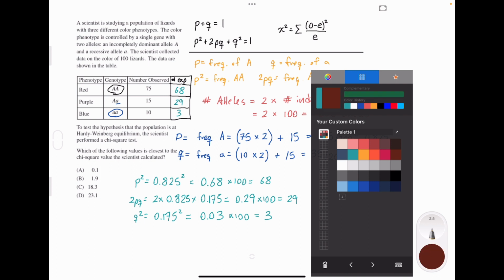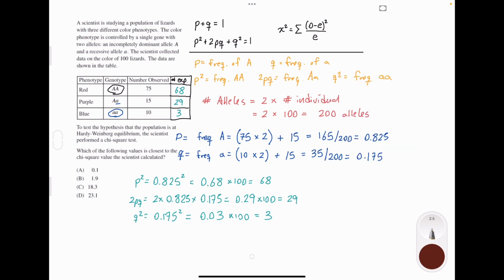For the chi-square, we have our observed minus our expected, squared, divided by expected. So our first observed number is 75 for homozygous dominant, and we subtract our expected, which is 68, square that, and then divide it by our expected value, which is 68.